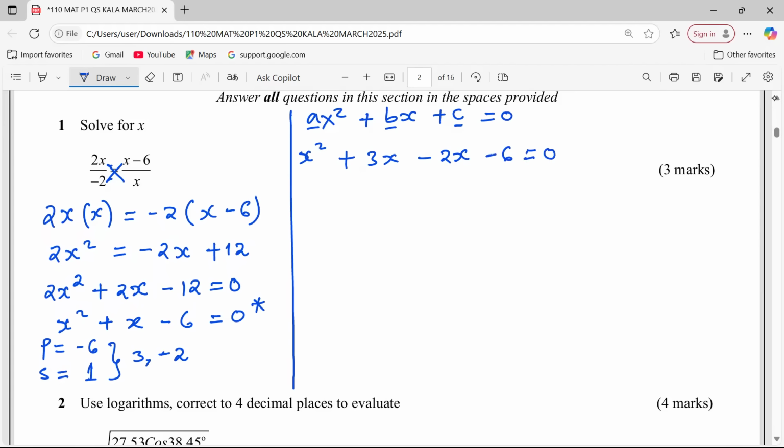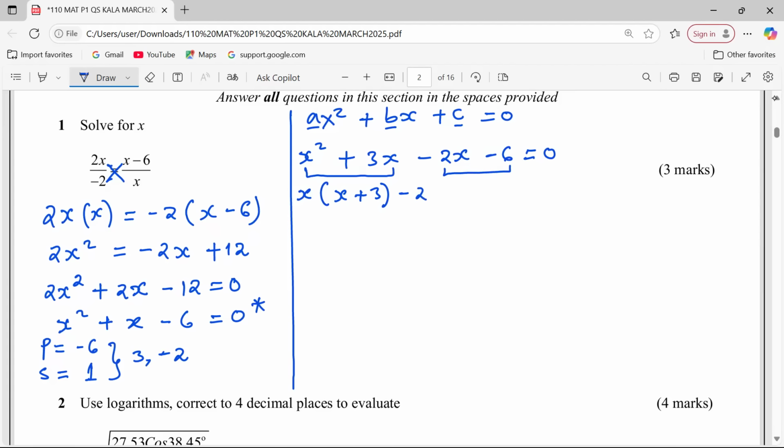Minus 6 equals 0. At this point, ladies and gentlemen, we are supposed to factor out whatever is common for every two terms. So for the first two terms, what is common here? x. Then we remain with x plus 3. Then in the other two, what is common?